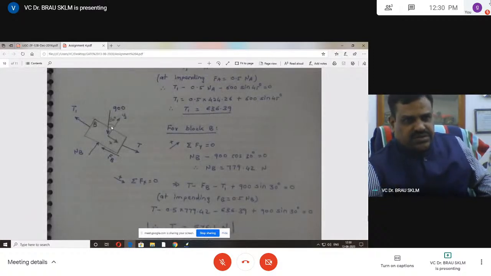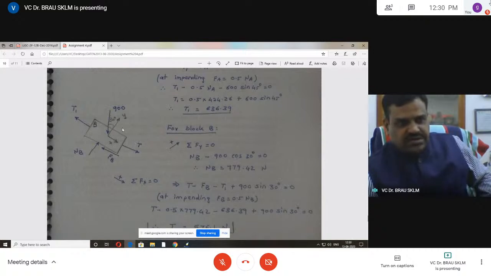Now resolve the forces. Fy first: vertical upward force and 900 cos 30, downward, gives one equation. As far as horizontal forces are concerned, there is 900 sin 30. The tension T and 900 sin 30 are in one direction, and the other two are opposite: T1 and FB.